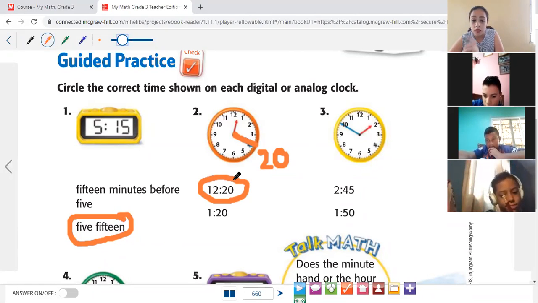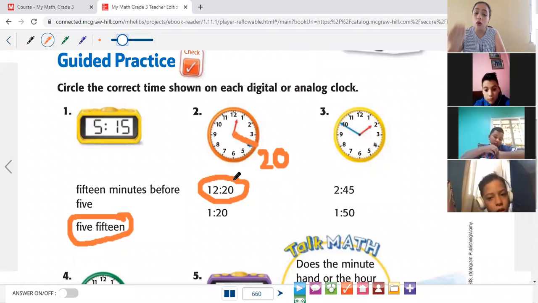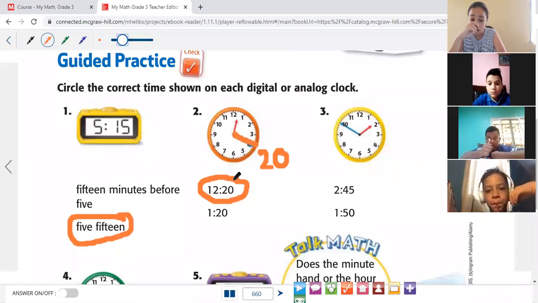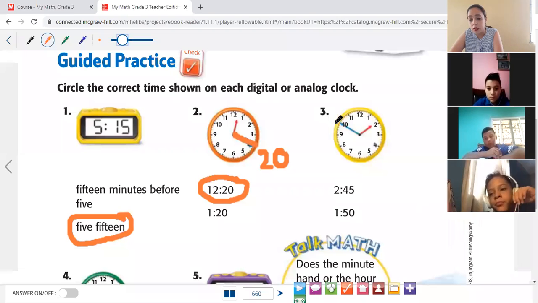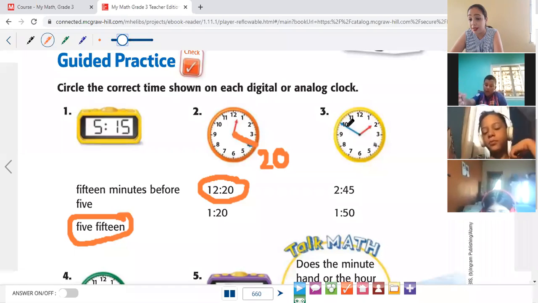12:20. The short hand is near the number 1, but it's not 1 yet, okay? It's not 1. Now, number 3, let's see. The long hand, which tells me the minutes, is over the number 10.